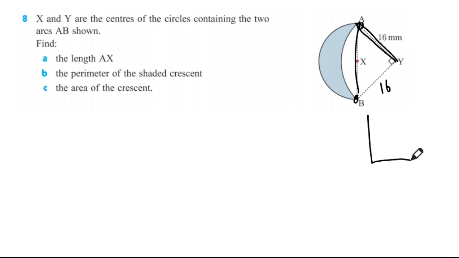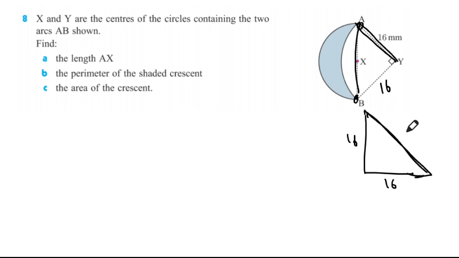Now, we will talk about special right triangles later in this series of videos. But for now, I'm just going to tell you this is 16, this is 16, this one is 16 times the square root of 2, and so the length AX is half of that, and so AX is 8 times the square root of 2.